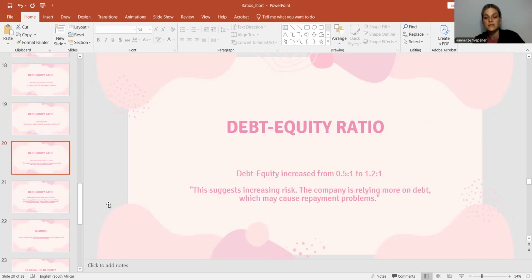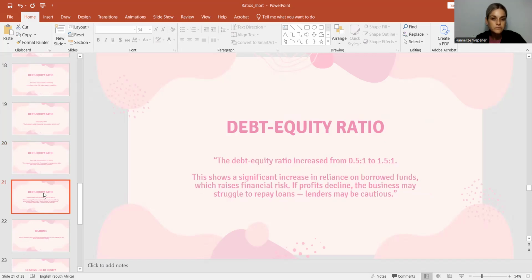But as soon as we move from a ratio of 1 to 1 and upward, we are going to say that clearly we are relying a lot on third-party debts to fund our business, and therefore we are highly geared, and we will most probably not be able to make repayments of loans, not even to think about the interest that we still have to pay. So we are most probably not credit worthy.